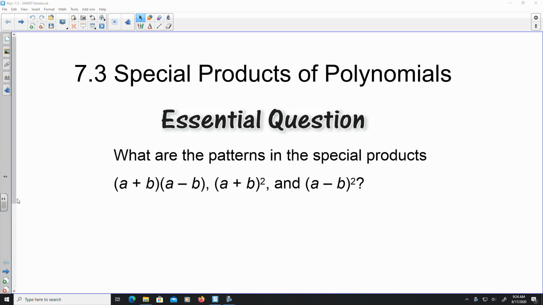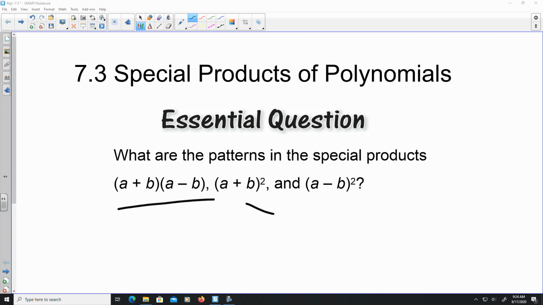The patterns in a special product for polynomials are, first, what is called a sum and difference pattern, where you have the exact same terms in the first and last of each set of parentheses. The only difference is one is plus, one is minus.